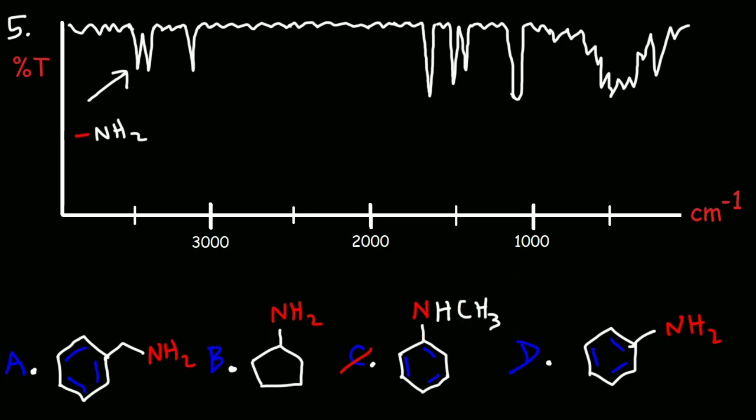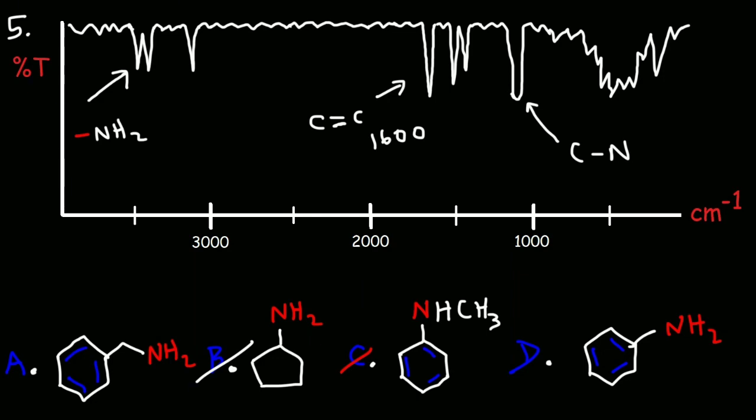Now how do we distinguish between A, B, and C? Well, we do have a C double bond C signal close to 1600. So this could be an alkene or a benzene ring. Answer choice B doesn't have that, so we could eliminate B. Now we do have a CN signal between 1000 and 1100, but that won't help us in this problem.